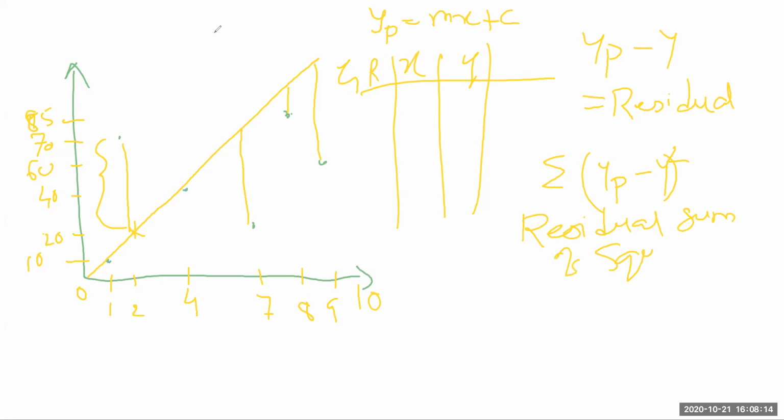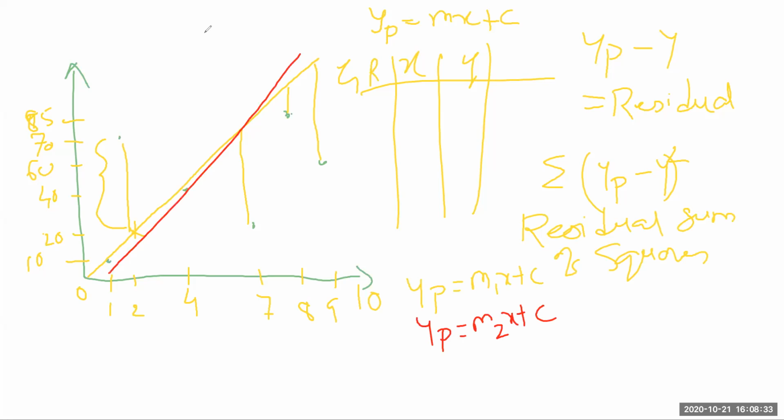Now, as an experiment, I could fit multiple lines. I may have yp equal to m1x plus c. I could have yp equal to m2x plus c, let's say fitted this way.